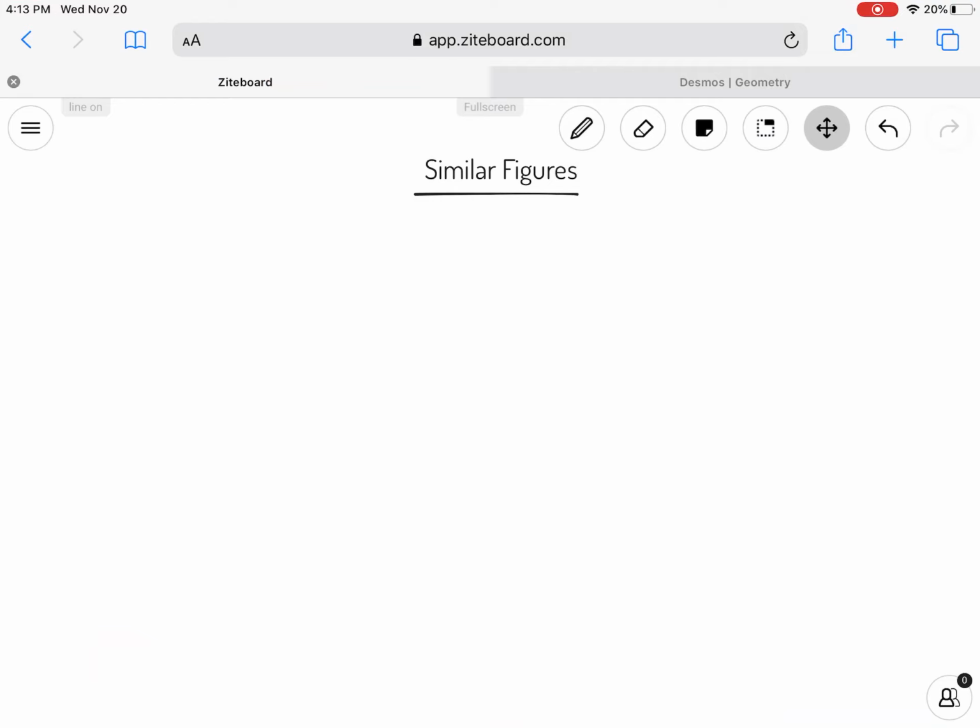Okay, so we're going to talk about similar figures, meaning geometric figures. Similar figures are figures that have the same shape, but may have a different size.